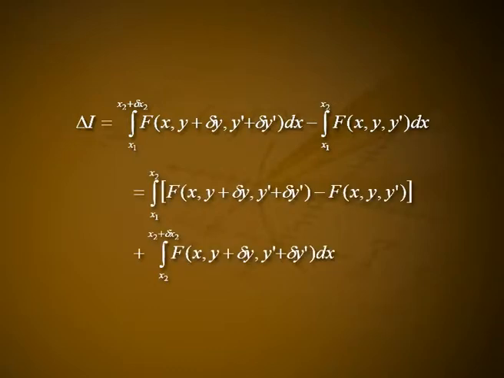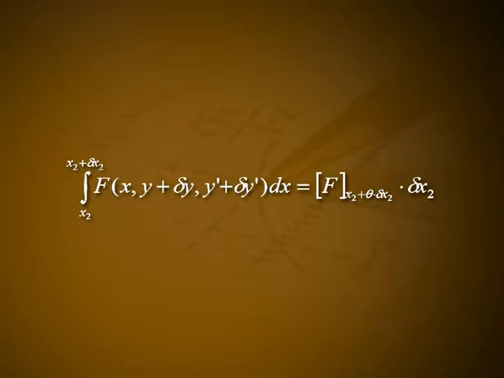Thus, the increment delta I is given by delta I = ∫ from x1 to x2 + delta x2 of f(x, y + delta y, y' + delta y') dx minus ∫ from x1 to x2 of f(x, y, y') dx, which is equal to ∫ from x1 to x2 of [f(x, y + delta y, y' + delta y') - f(x, y, y')] dx plus ∫ from x2 to x2 + delta x2 of f(x, y + delta y, y' + delta y') dx, let it be equation number 2.